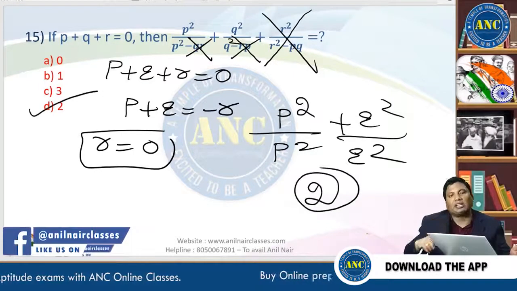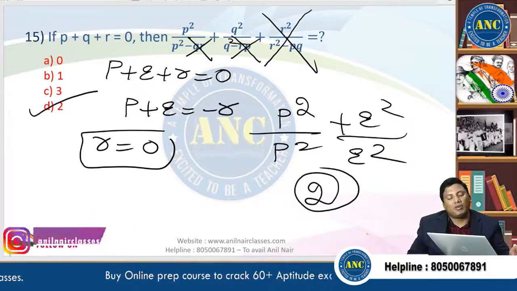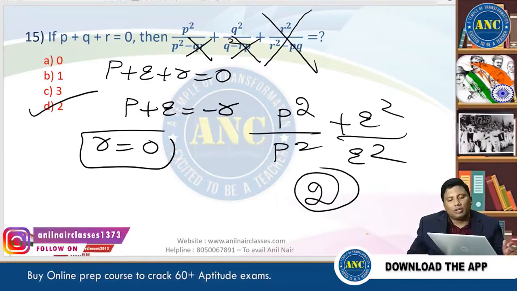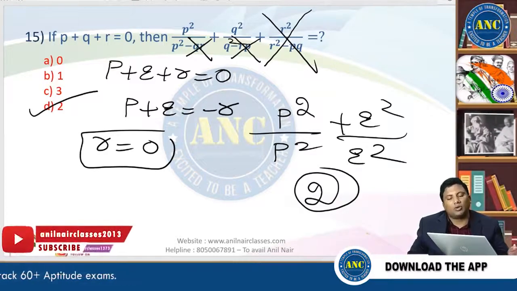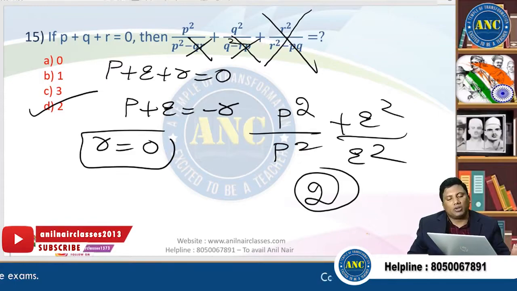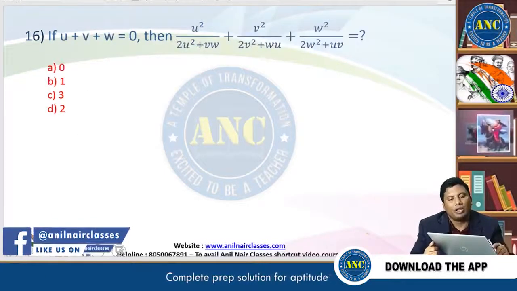I hope the idea is clear. Make dependent variable 0, make R value 0, QR out, RP out, R square divided by R square, that is also out. P square by P square is 1, Q square by Q square is 1. 15th problem. Next one.